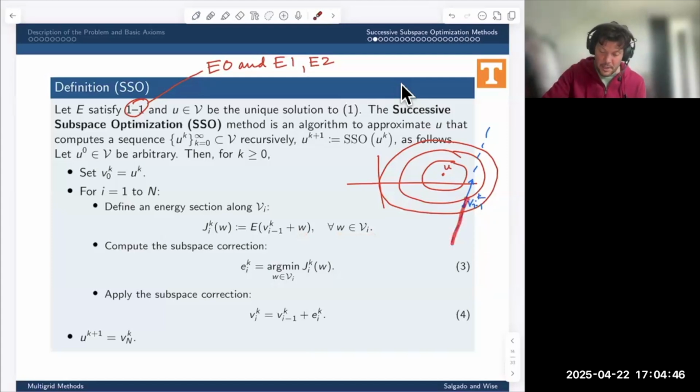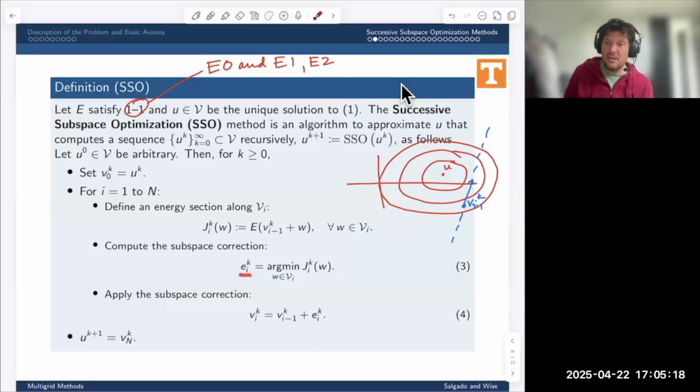We make this energy section, and then we minimize it. We're going to optimize along that direction. If it truly is one-dimensional, then this is what's called a line search. In any case, we're going to find the minimum along that direction. If that's a parabolic shape, then we just go to the minimum of that parabolic shape. That gives us something we call the subspace correction.